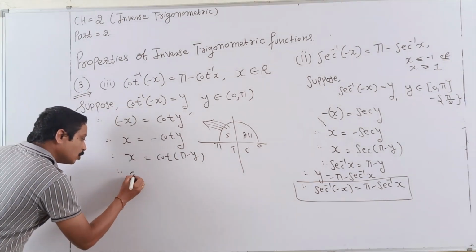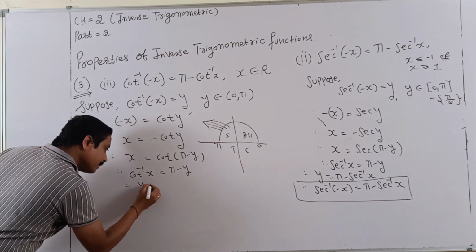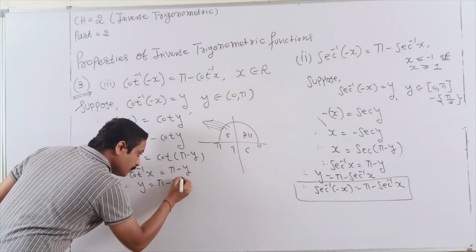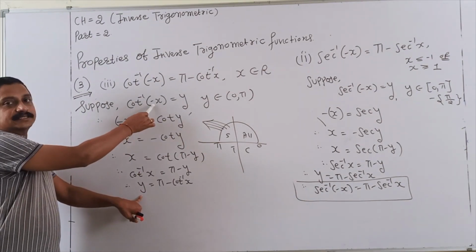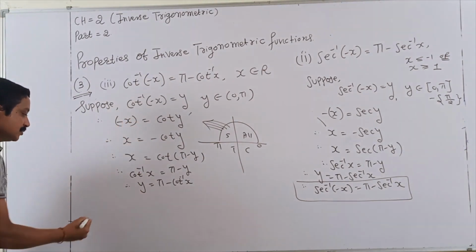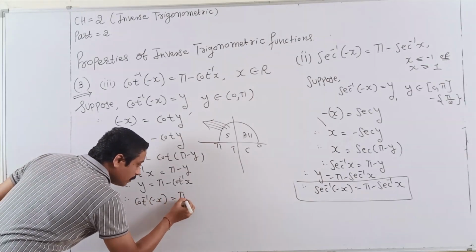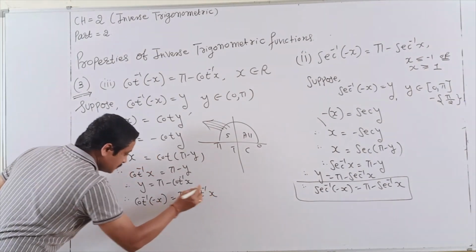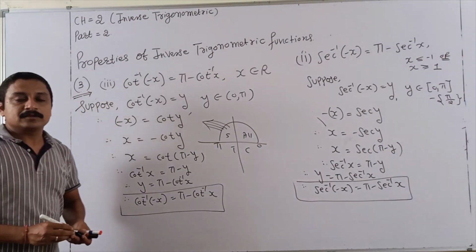So what is the cot inverse x? It is pi minus y, that is, pi minus cot inverse x. Now students, this y value I already suggested, and putting the values: cot inverse minus x is pi minus cot inverse x. And that completes our property third.